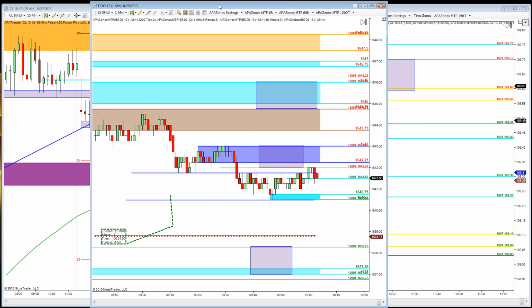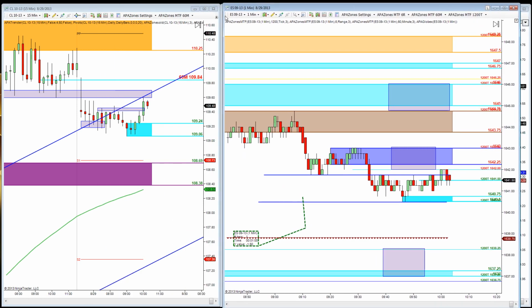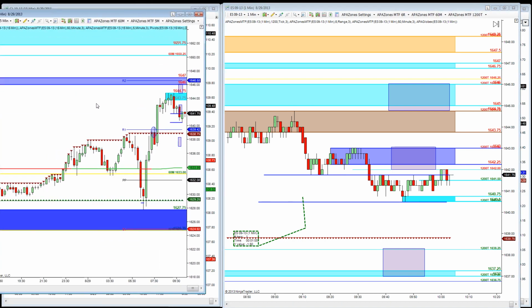And that's really what the 1 minute is good for, is just reading quick support resistance, for entries.